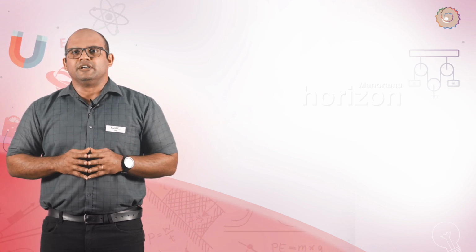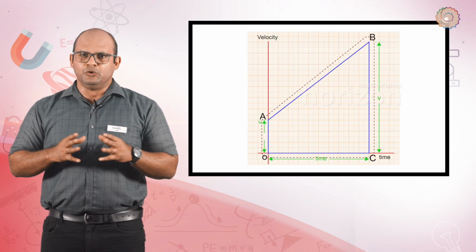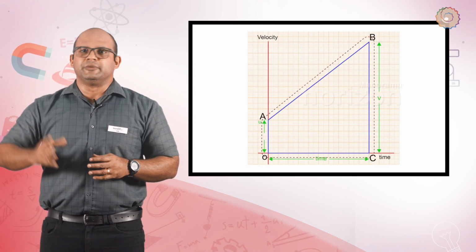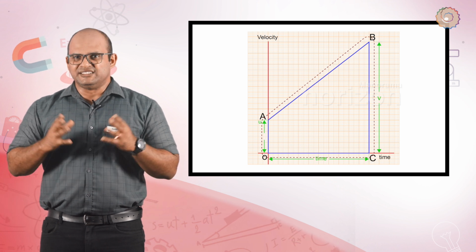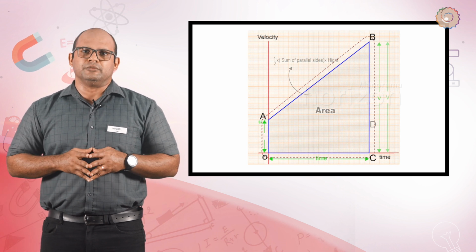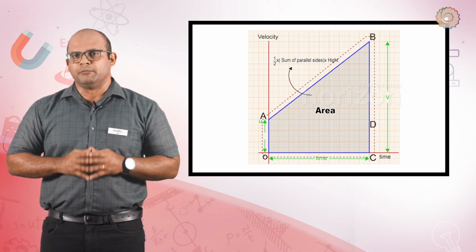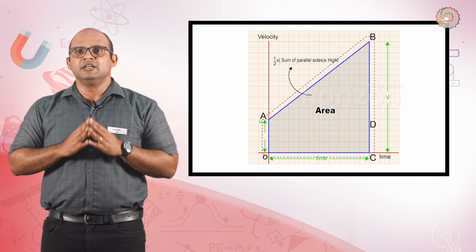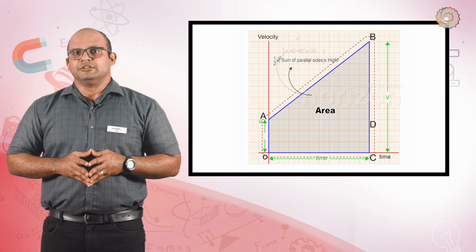Looking again at the figure that we have used previously, we notice that it is a trapezium. Now, if you recall what you did in mensuration a few years back, you will see that the area of a trapezium is given by half multiplied by the sum of the parallel sides multiplied by the perpendicular side between them.